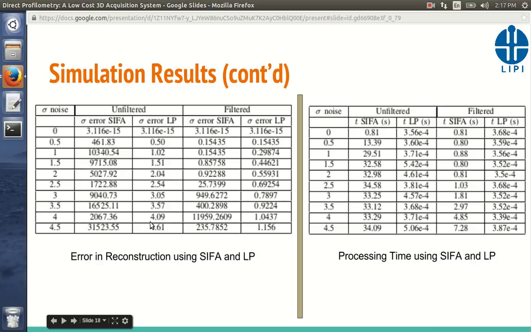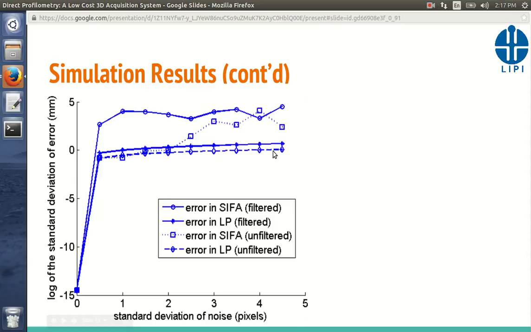Okay, so here is the table where you can see the error in SIFA and direct profilometry, and this may be the easiest diagram for you to see the comparison between the two.